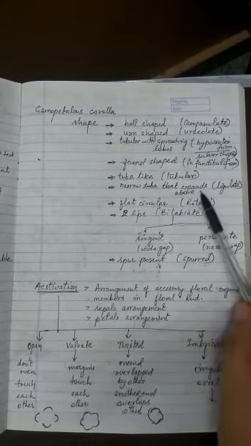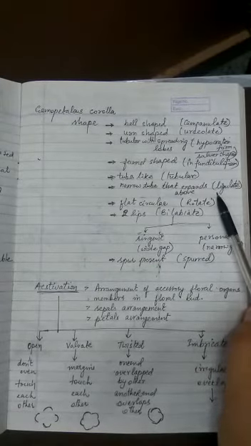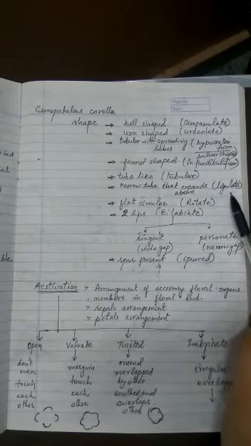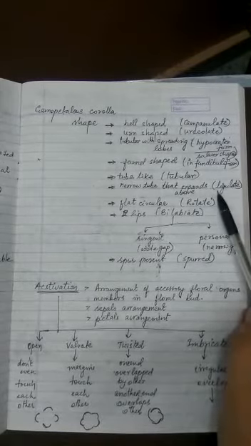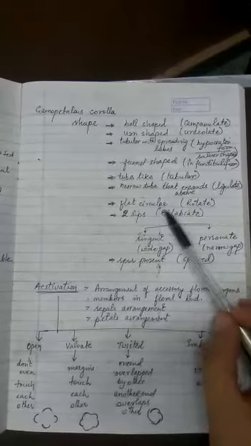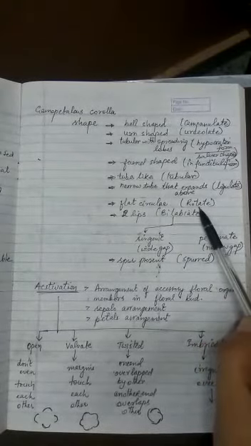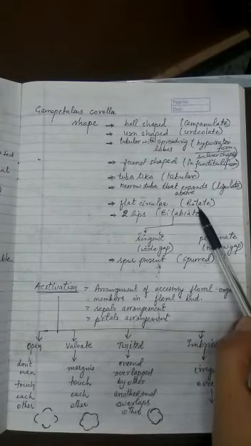Narrow tube which expands above is called ligulate. Ligulate is also found in the case of sunflower, because if you remember, I have told you various types of florets are there. Then flat circular is found in the case of many plants.